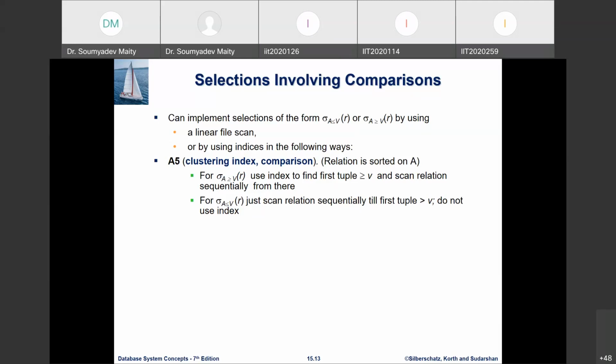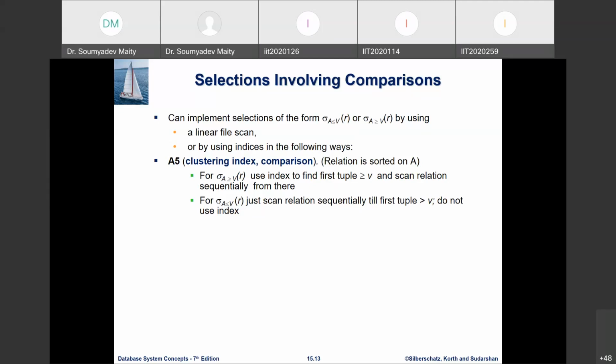If B is the number of blocks satisfying that condition, then B into TT block transfers will be required. So the total time will be HI into TT plus TS plus B into TT. I think you have understood.